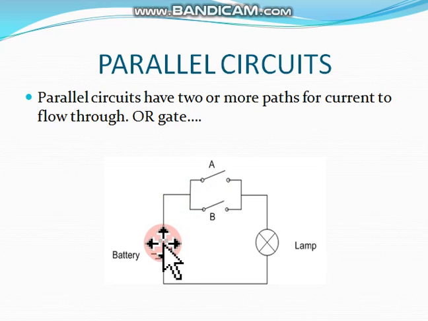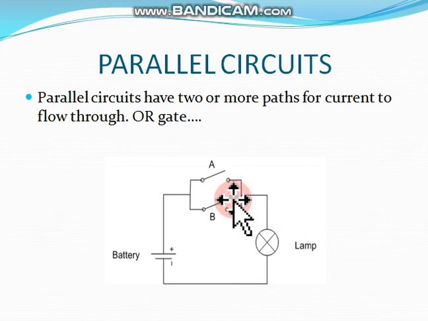For example, if power has to pass through here and it goes through switch A, it finds that switch A is open, it can't go through. But then if switch B is closed, it will use this path and go through, and here it will light up this bulb.